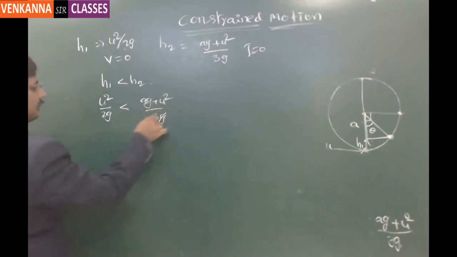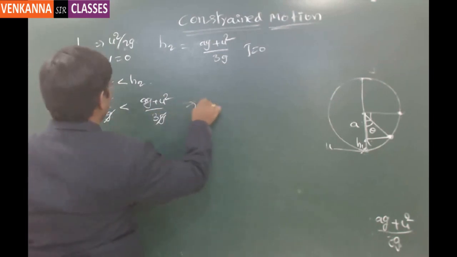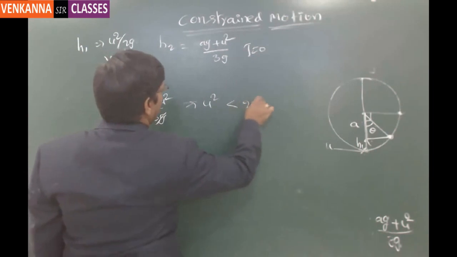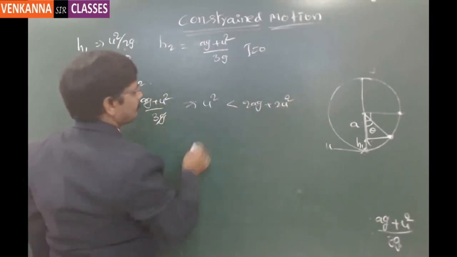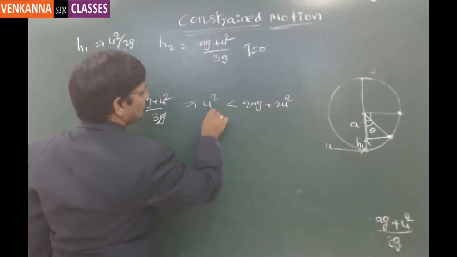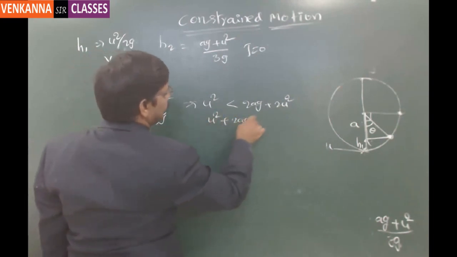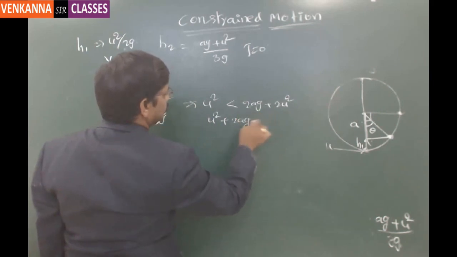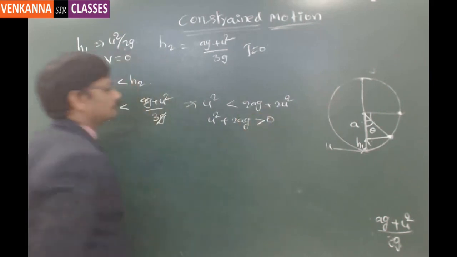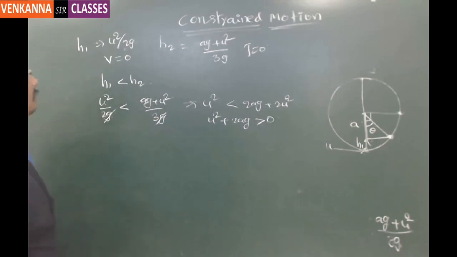Now, g will cancel out, and then it implies u square is less than 2ag plus 2u square, or u square plus 2ag is greater than 0, right?